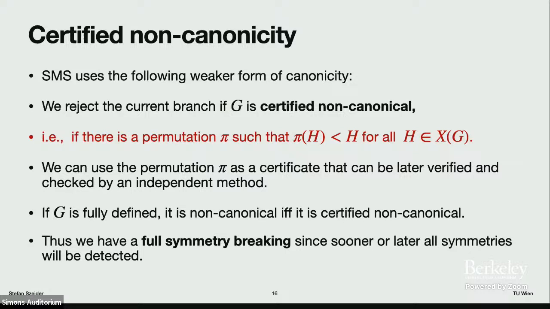Now, if you look at this, wasn't that the same thing as one slide earlier? No, we switched the quantifiers. In the general thing, we say for every H there exists a pi, but now we say there is a pi such that for all H. So it's a weaker form because the same permutation should now show the non-canonicity of all the graphs in X of G. And this is the thing that we use.